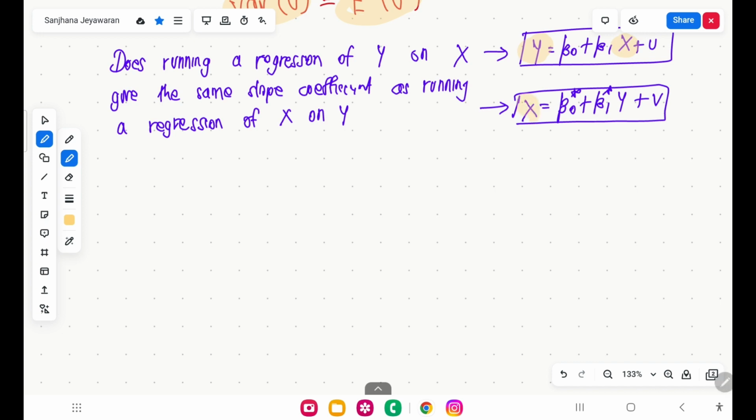So in x on y, x becomes the dependent and y becomes the independent. They are asking whether our beta 1 over here is the same as the beta 1 star over here. Is that so?